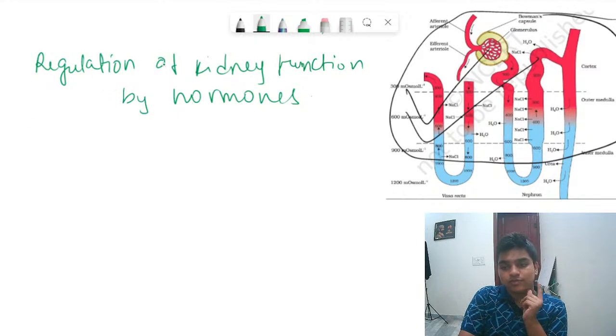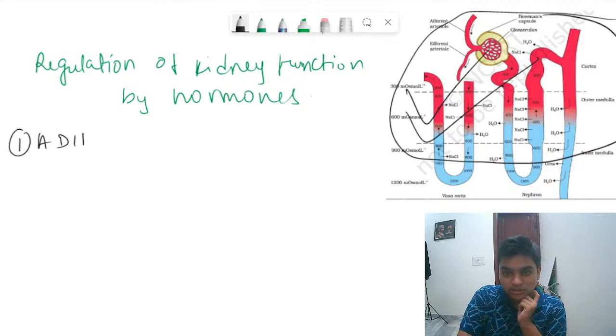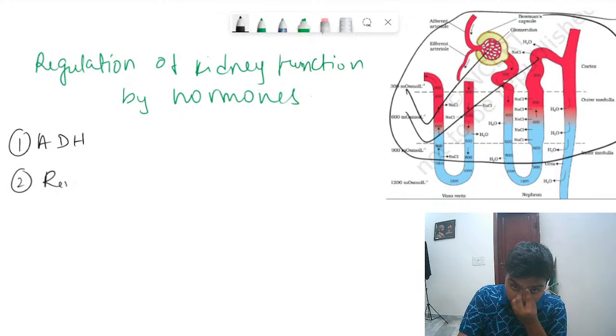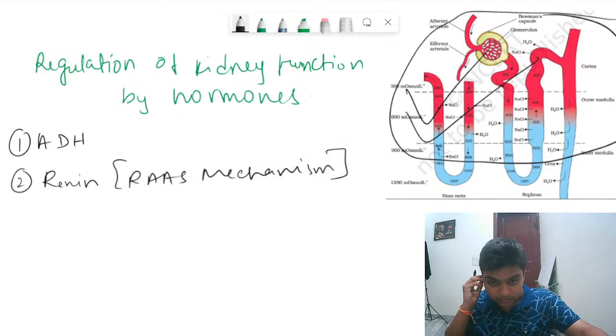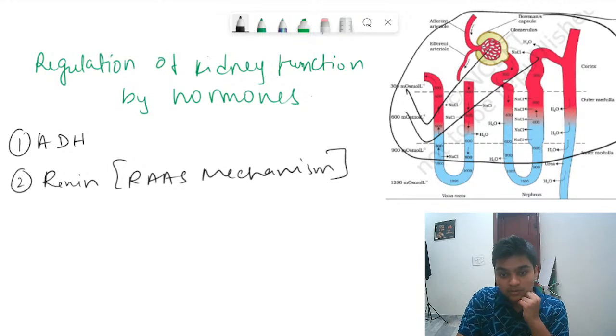The hormones which we will be discussing in this part are ADH, antidiuretic hormone or vasopressin. Next one, renin. This renin is also called the RAS mechanism. The third one is ANF.